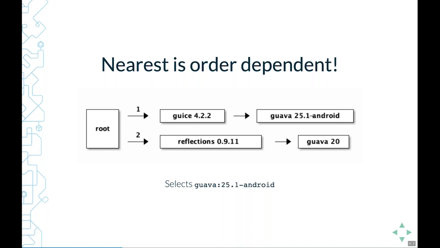So in this case, Maven would select 25.1. So already we see something strange, right? So it was selecting Guava 20 in the first version, but now it selects a different version just because it's not at the same depth in the graph. So, okay, but still makes sense. Yeah, this is the first one that we see, so it is closer in the graph somehow.